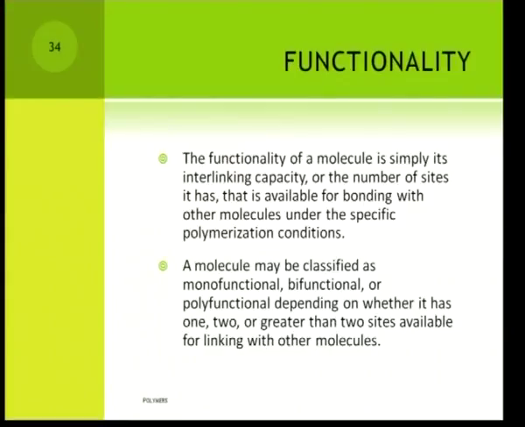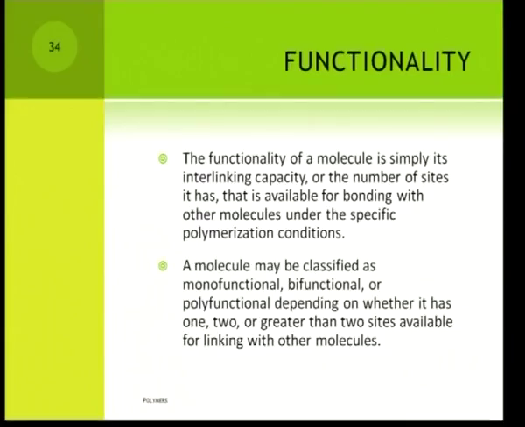Now, let us move on to the next very important topic, that is functionality. How is this important, what do we mean by functionality, and how does it decide whether a compound can be a monomer used to prepare a polymer? The functionality of a molecule is simply its interlinking capacity, or the number of sites it possesses that are available for bonding with other molecules or monomers under the specific polymerization conditions.